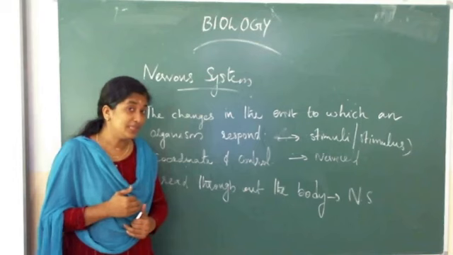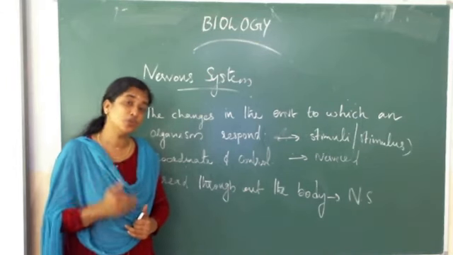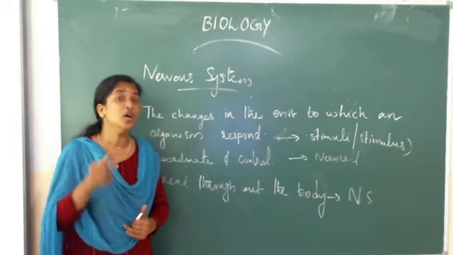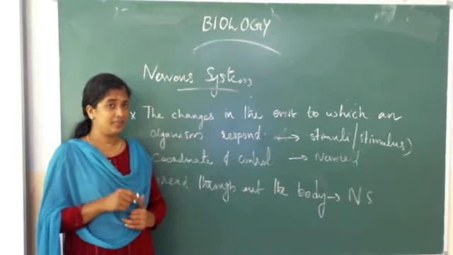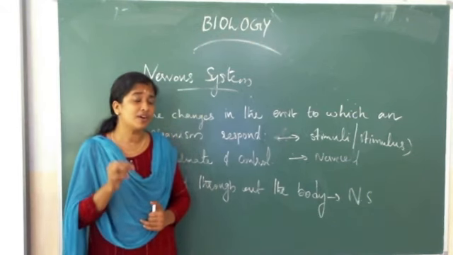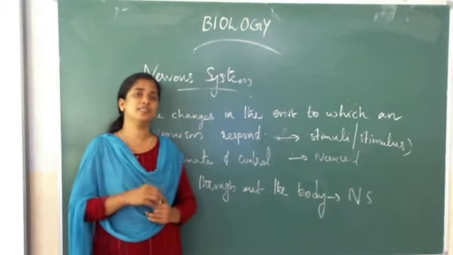So, can you tell the structural and functional unit of the nervous system? That is the nerve cell or neuron. Then another question I will ask now. What is the structural and functional unit of the excretory system?